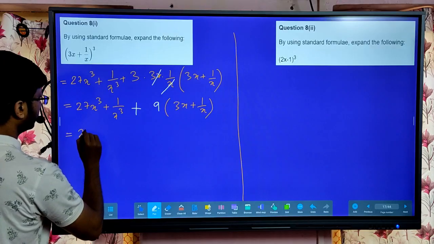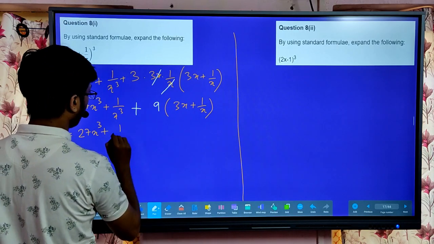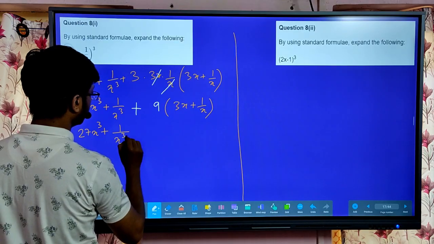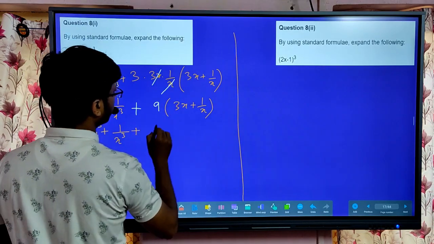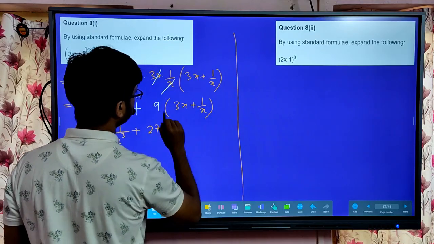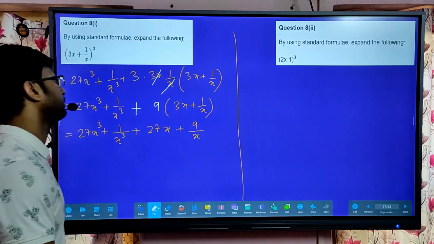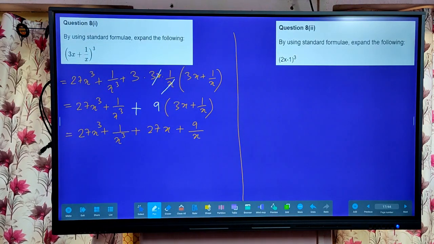So it will be 27x cube plus 1 by x cube plus 27x plus 9 by x.